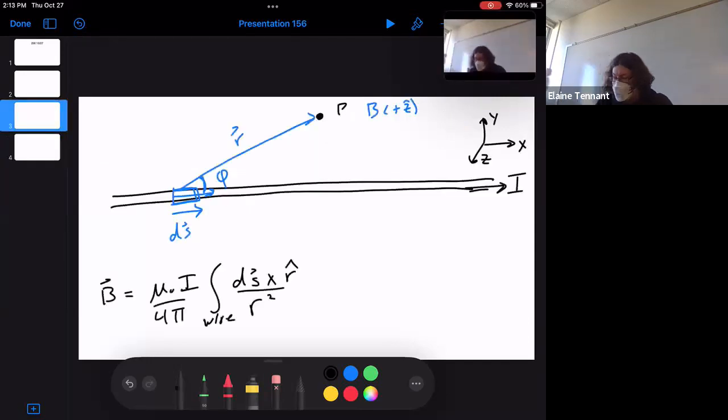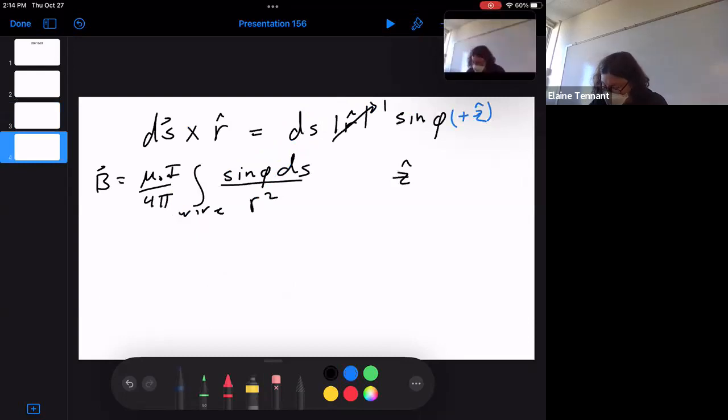Now my ds, we're going to go along this wire and add up all the chunks. As I go along the wire and add up the chunks, will my r change? Yeah, right? Because as I go to the various chunks here, my r is going to look different. Okay, so we're going to have to relate r to ds.